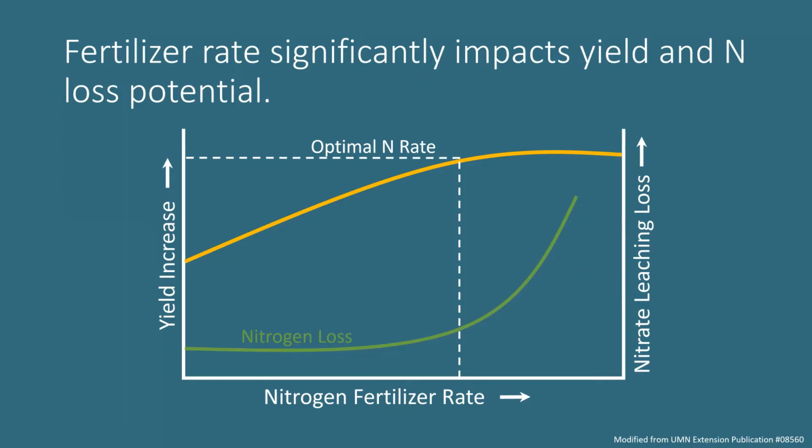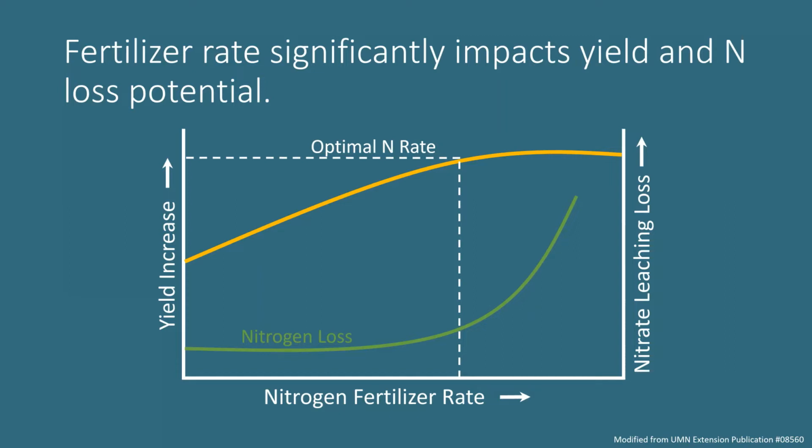Now, the next thing that we have to recognize is that the role of fertilizer is to supplement the soil nitrogen supply. Annually, Minnesota's productive soils are mineralizing or supplying nitrogen to the corn crop, but the amount that they're supplying each year is variable, and it can also vary within the field.